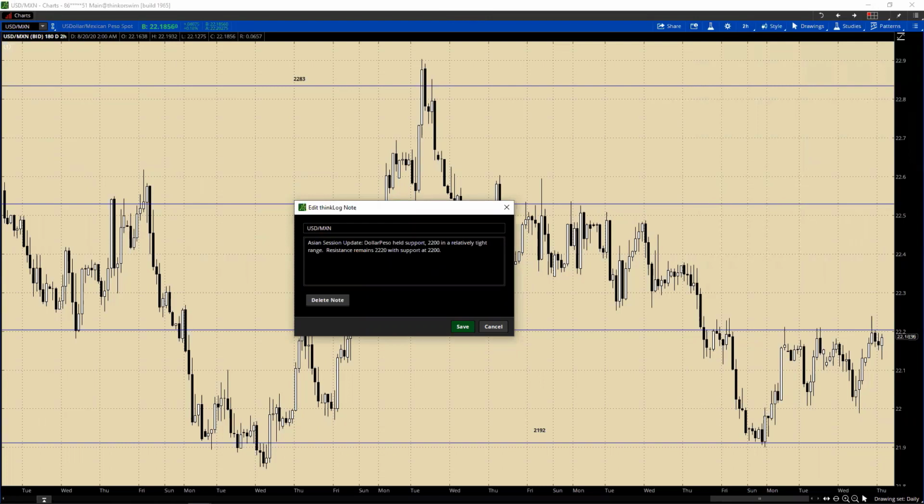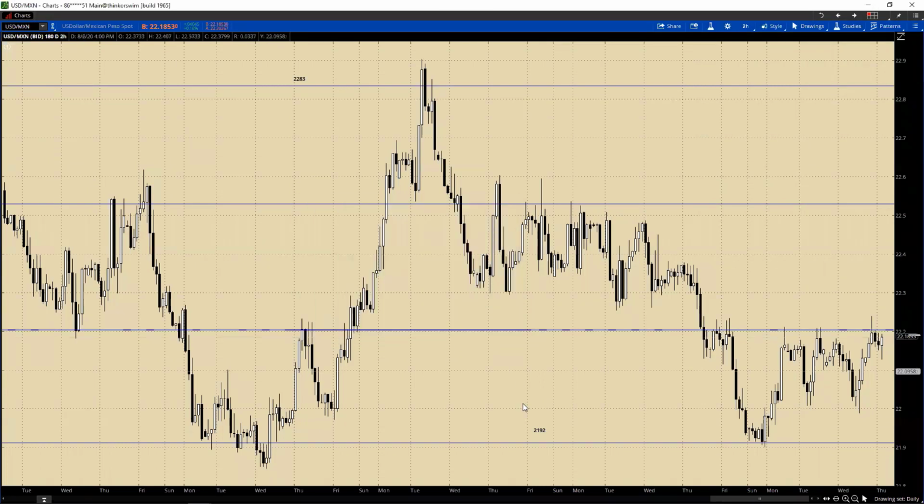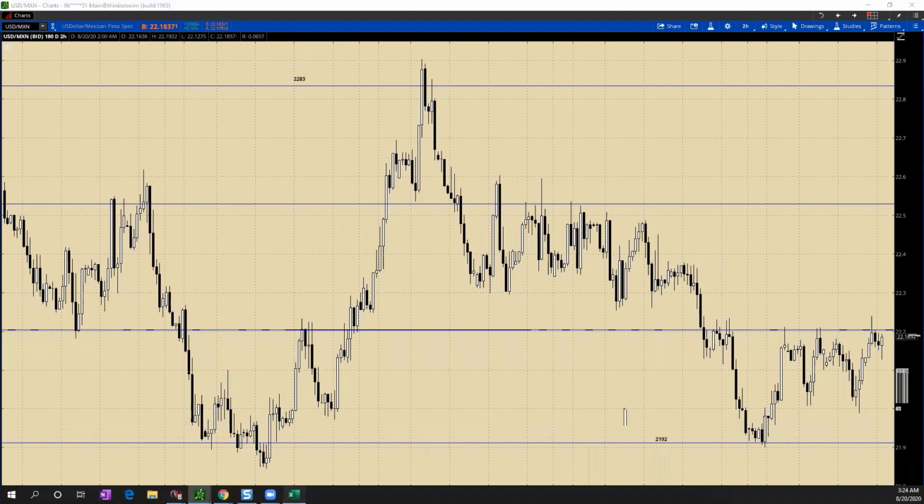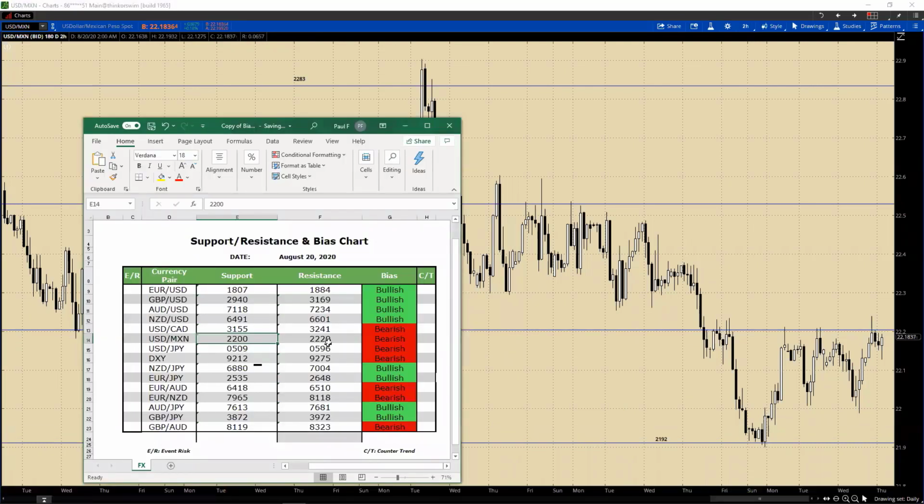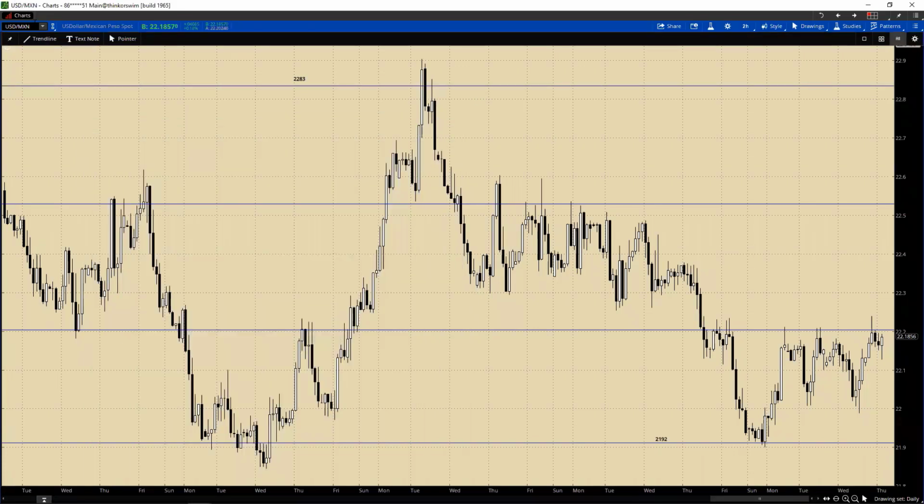Resistance will remain 22.20 with support at 22 even. So there's not going to be any changes here in the peso. Pull up our bias chart, 22 and 22.20. No changes. From there, let's move into the dollar yen.